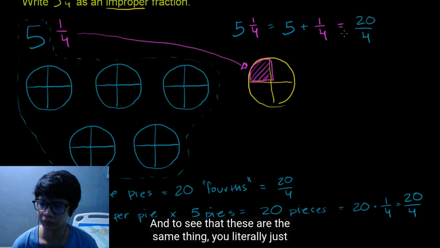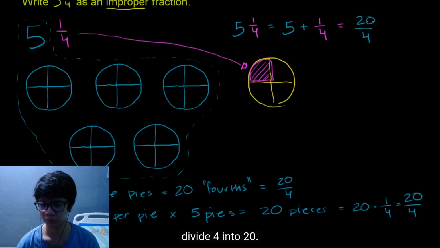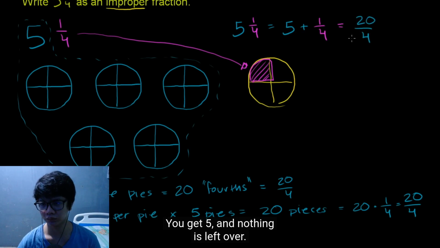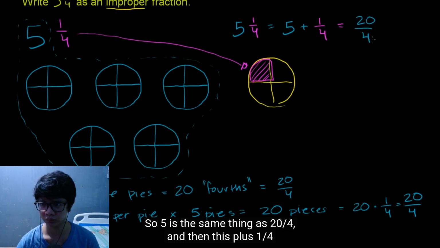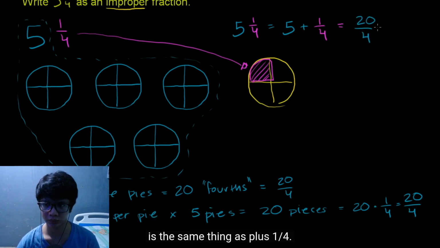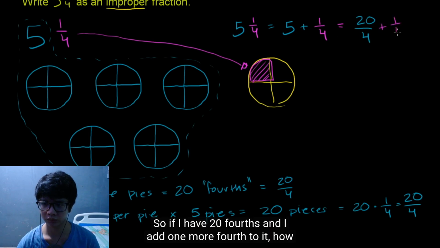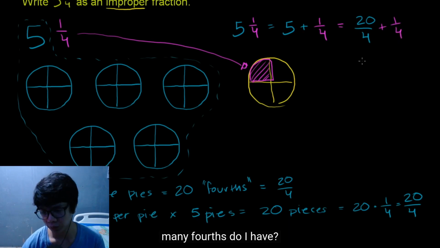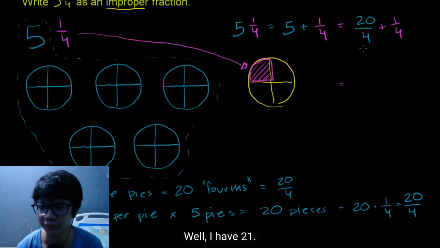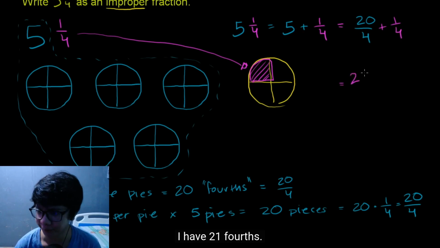And to see that these are the same thing, you literally just divide 4 into 20. You get 5, and nothing is left over. So 5 is the same thing as 20 fourths. And then this plus 1/4 is the same thing as plus 1/4. So if I have 20 fourths, and I add one more fourth to it, how many fourths do I have? 21 fourths.